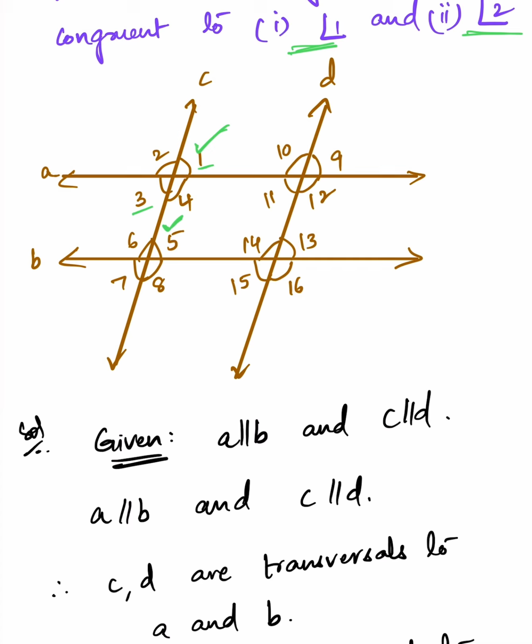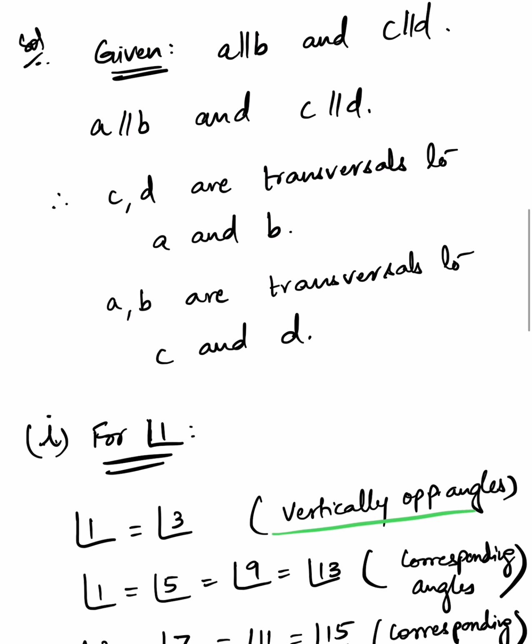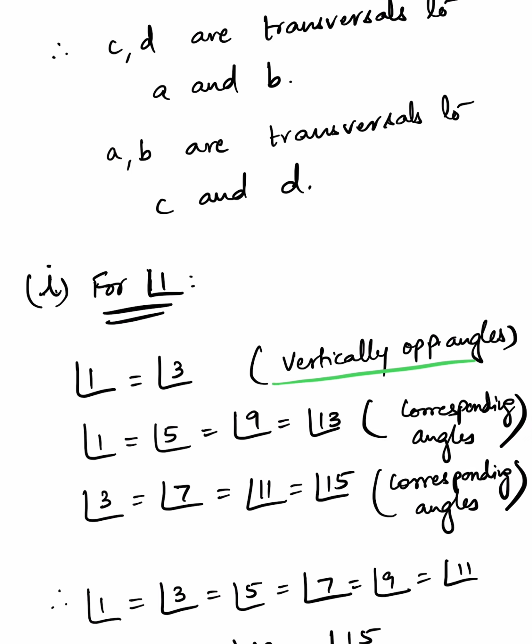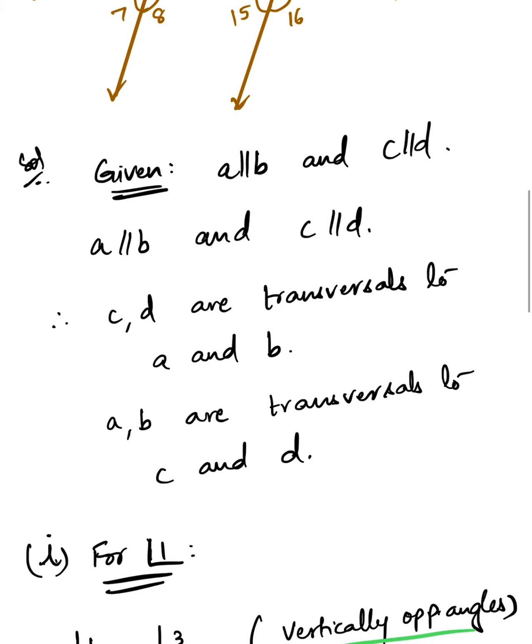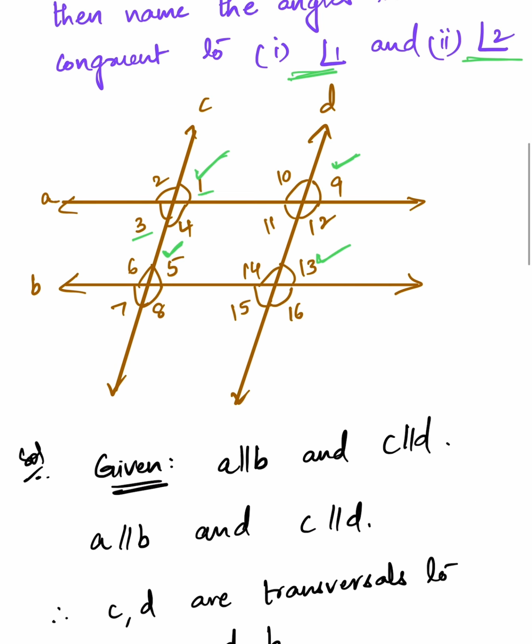Similarly, 1 and 9 are also corresponding angles. Similarly, 5 and 13 and 9 and 13 are also corresponding angles. So again, 1 is equal to 5, 9 and 13, same reason, corresponding angles. Similarly, 3 is equal to 7 and 7 is equal to 15. 3 is equal to 11.